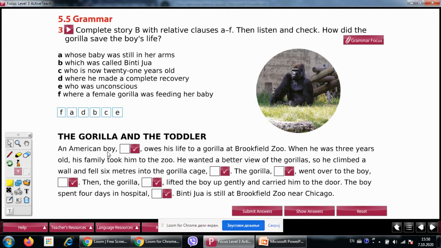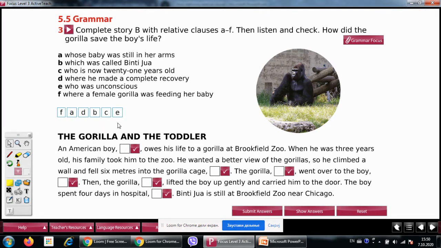An American boy. So an American boy is a person, and we said that we use relative pronoun who for person. But we have two of those. So is it C or E? An American boy who is now 21 years old, or an American boy who was unconscious?